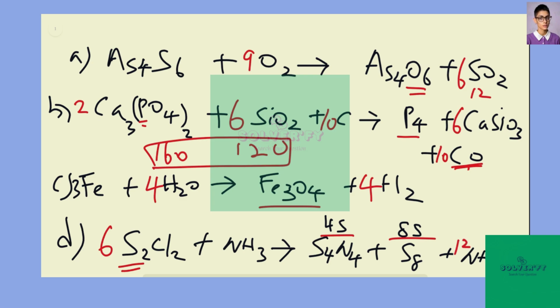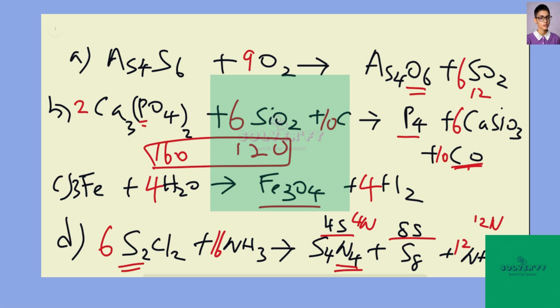Okay, when we have 12 ammonium chloride, and also one S4N4, we have 4 nitrogen from here, and also 12 nitrogen from ammonium chloride. So on the right in total, we will have 16 nitrogen. So we're going to put a 16 in front of the ammonia in order to balance the nitrogen.